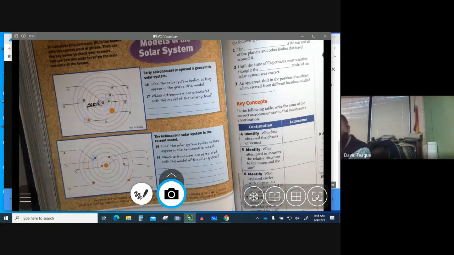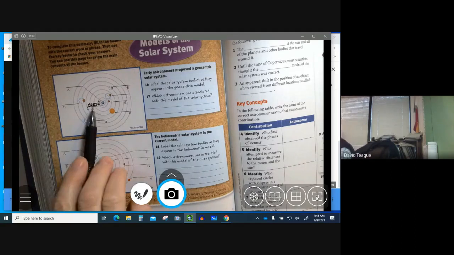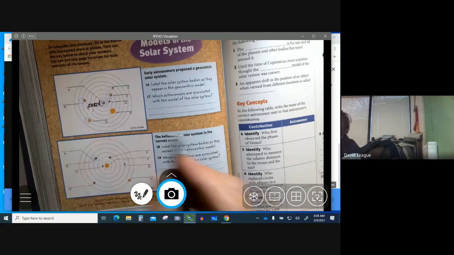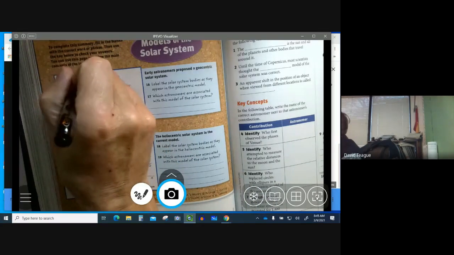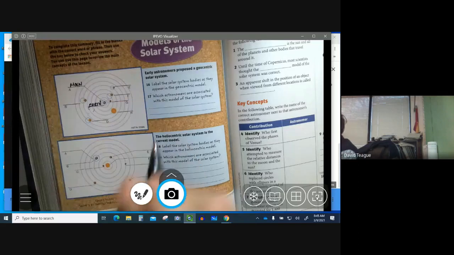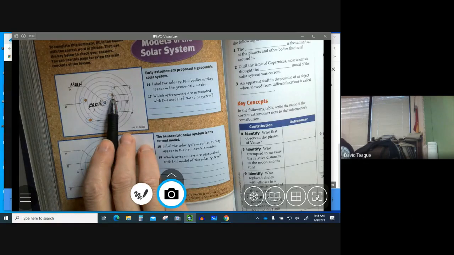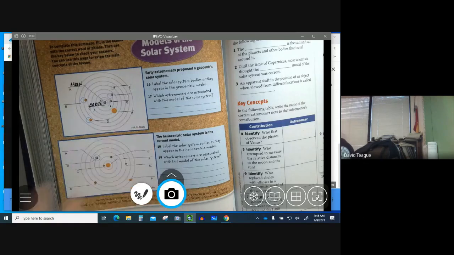Okay, what do you think A is? I think it's this little dot that goes around. So that's the moon. Right? So what's B? What planet do you think B is? 1, 2, 3, fourth one out.